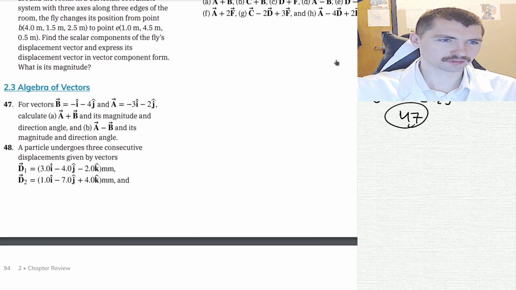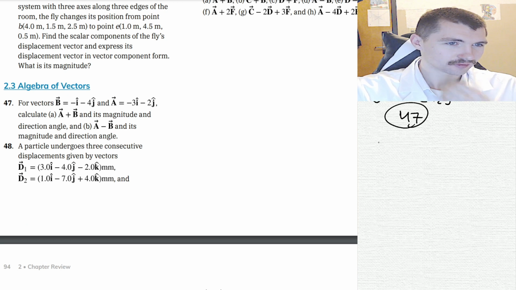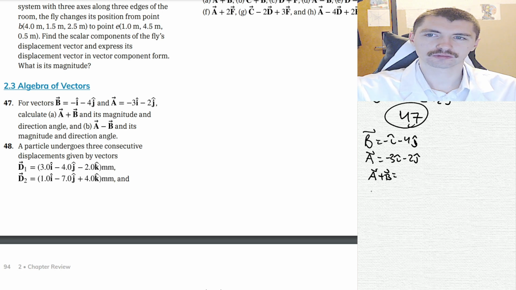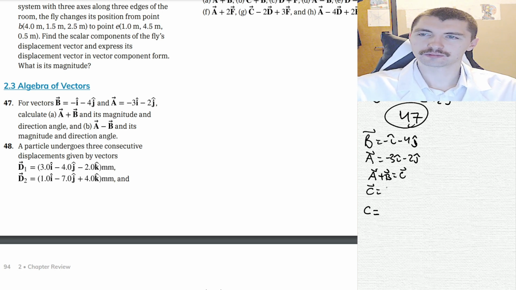47. Okay, so find A. Okay, so C is -4i plus 6j.